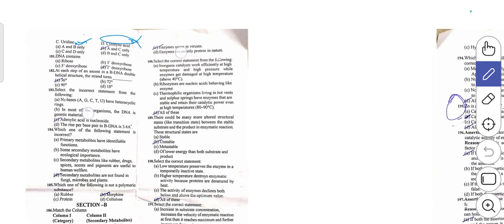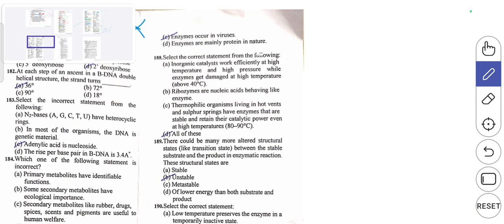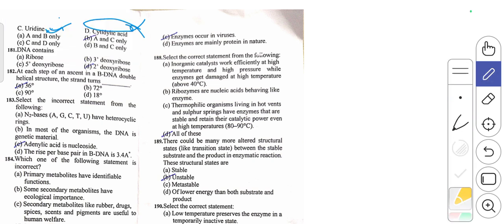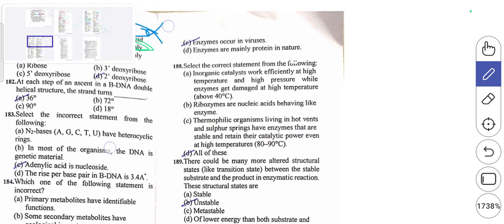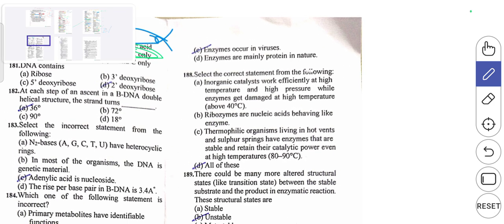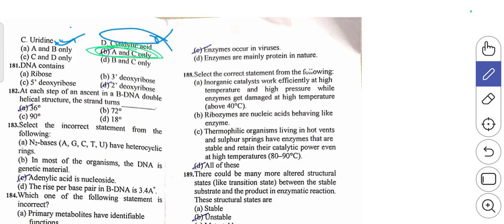Yeah, these are the two things we need to know. The last one is again a nucleotide. So the answer for this one will be A and C. Make the correction here. Adenosine and uridine are the nucleosides.